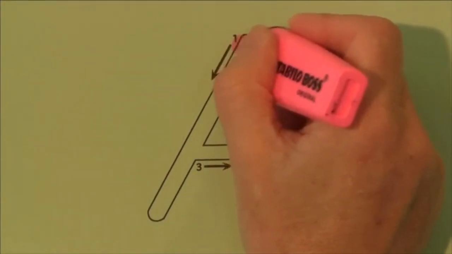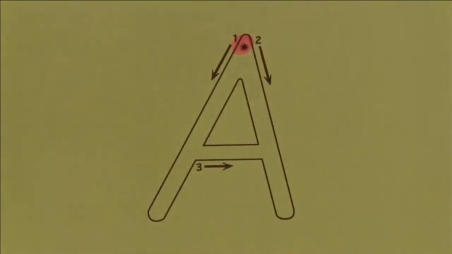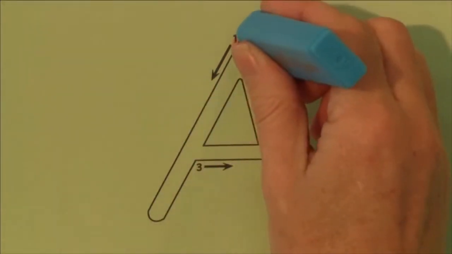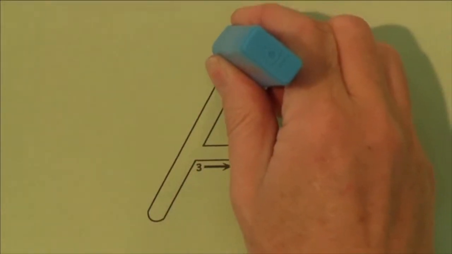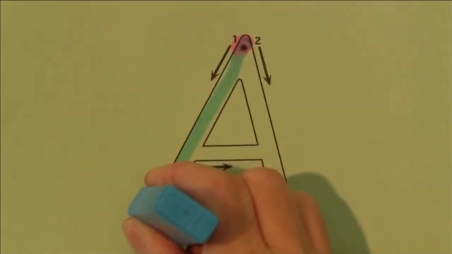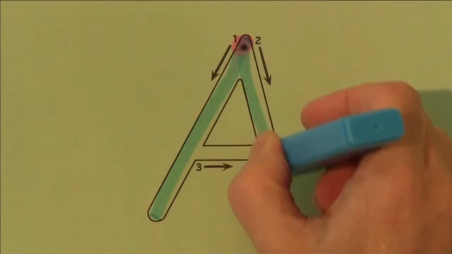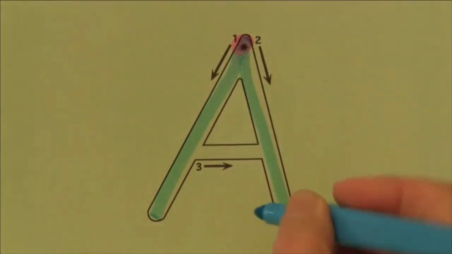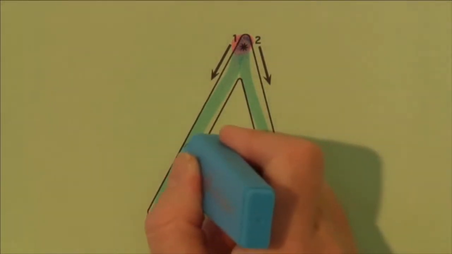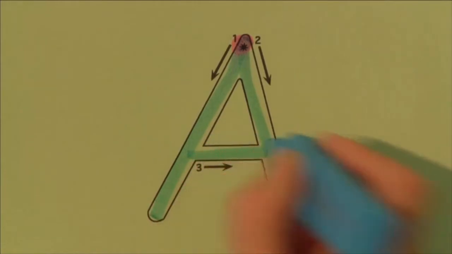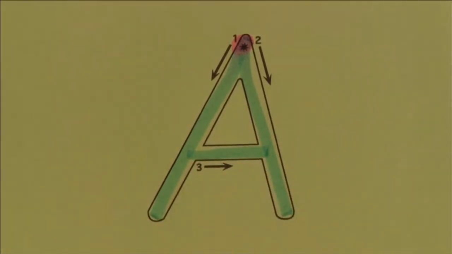And I'm going to give it a pink dot, so to remind you where to start. And then I'm going to show you what we do next. So we start at that dot and we go all the way down the left side, all the way down the right side, and the last thing we do is we put the bridge in the middle. And that's how you write the letter A.